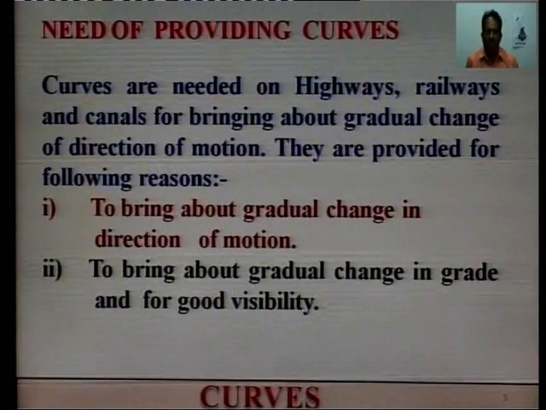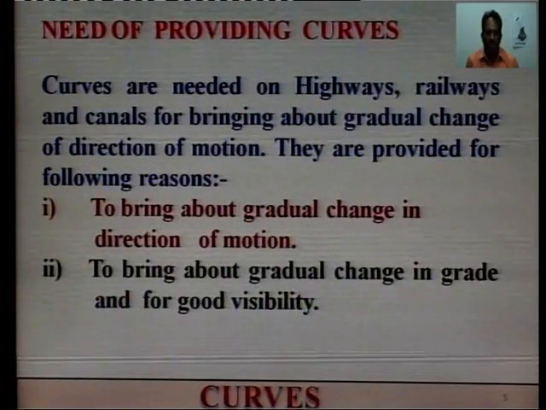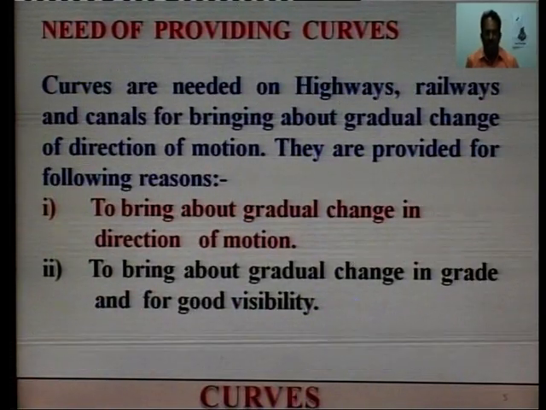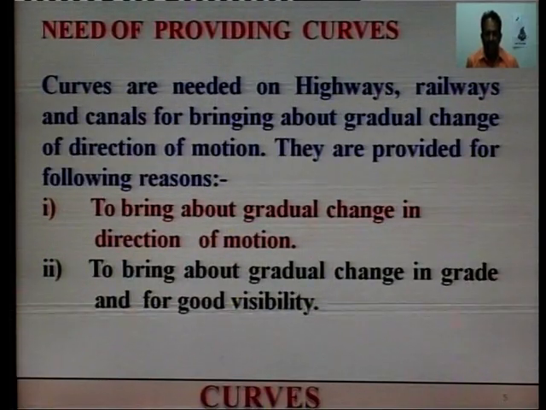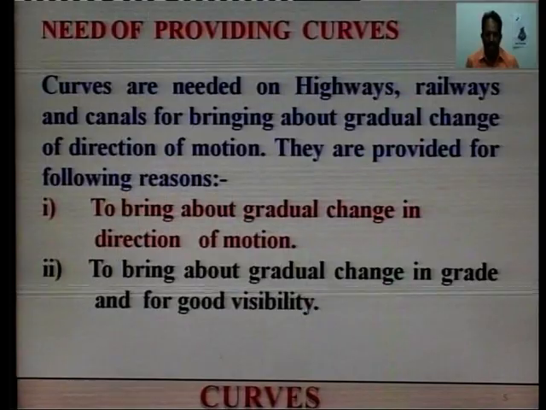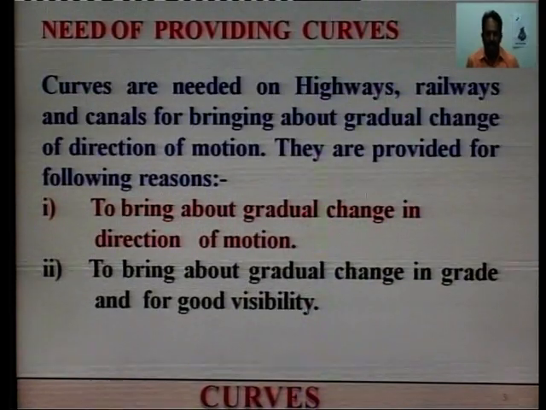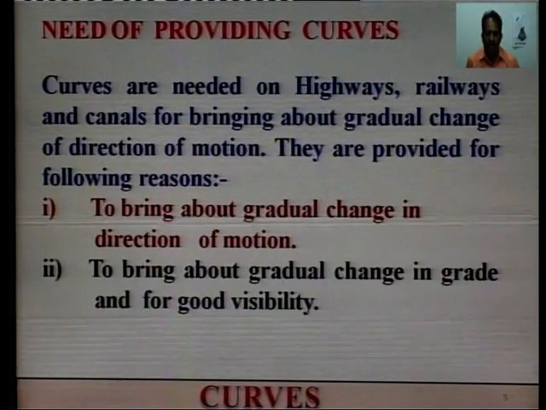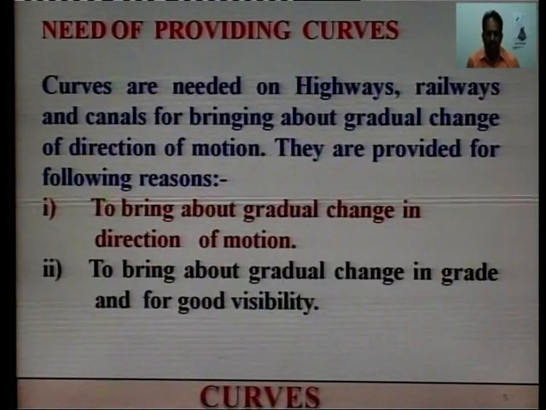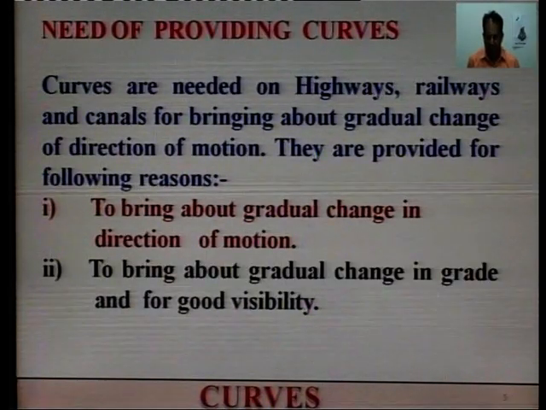They are provided for the following reasons also. First, to bring about a gradual change in direction of motion of the vehicle. Secondly, to bring about a gradual change in grade and for good visibility, as in the case of hilly areas.